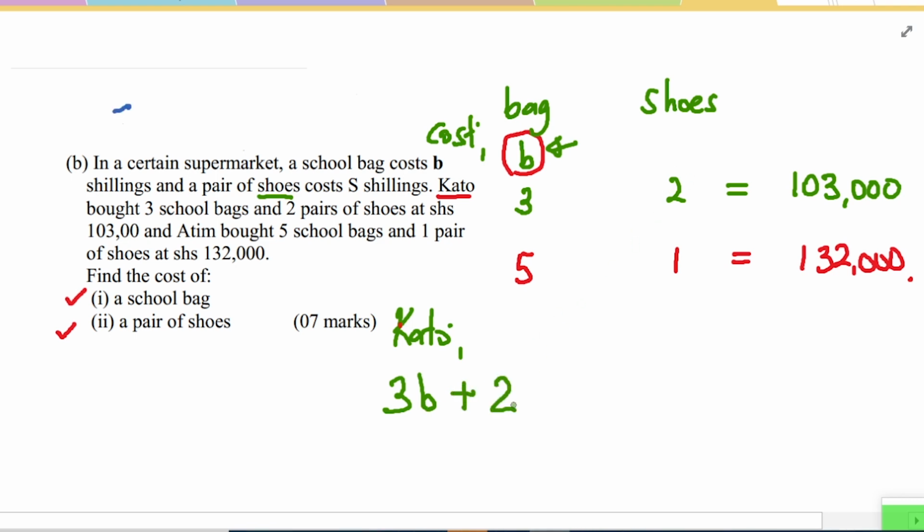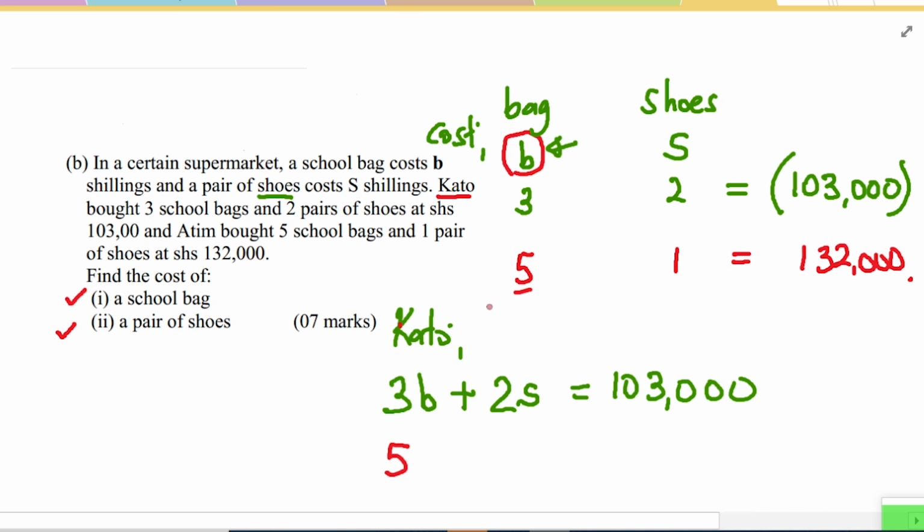We bought 2 shoes and the cost of each shoe is S, so it is 2 times S. This gives us the total amount of money Kato used, which is 103,000. Then for Ateam, same story. She bought 5 bags, so it's 5 times B, plus the 1 pair of shoes she bought times the cost of each pair of shoes, denoted by S, which gives us the total amount of money she spent, 132,000.